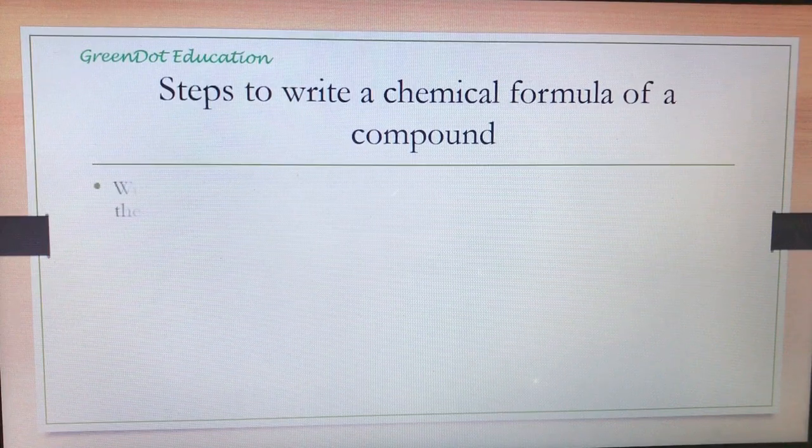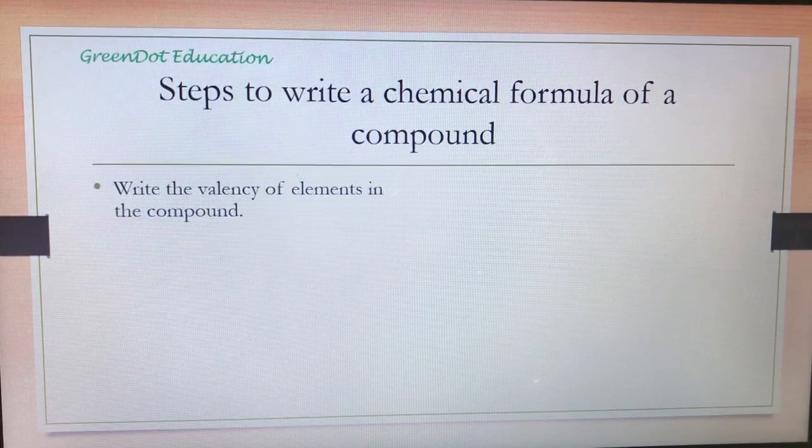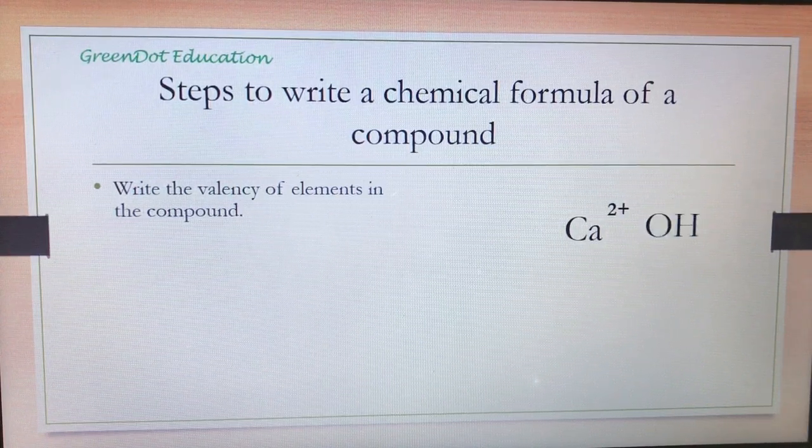First of all, we write the valency of the elements in the compound. Means when we are given the compound, we write their chemical symbols along with their valences. The compound which we saw in the previous slide is calcium hydroxide, so we are going to take the same example here. We take calcium, whose valency is 2 plus, and the other ion is the hydroxide ion, which has a negative charge.